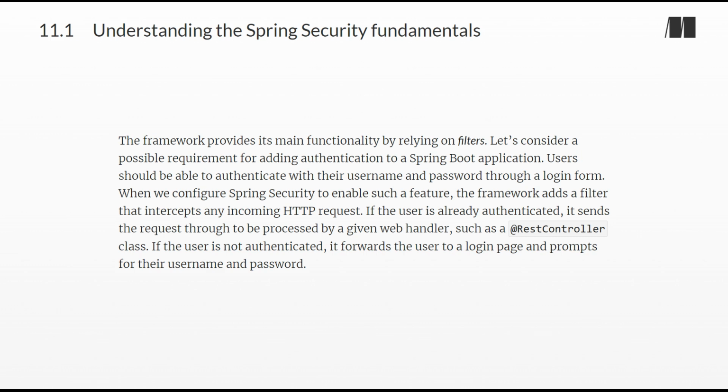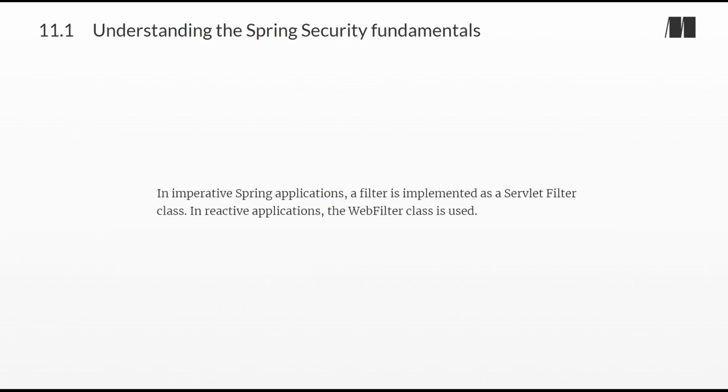If the user is already authenticated, it sends the request through to be processed by a given web handler, such as a REST controller class. If the user is not authenticated, it forwards the user to a login page and prompts for their username and password. Note: in imperative Spring applications, a filter is implemented as a servlet filter class. In reactive applications, the web filter class is used.